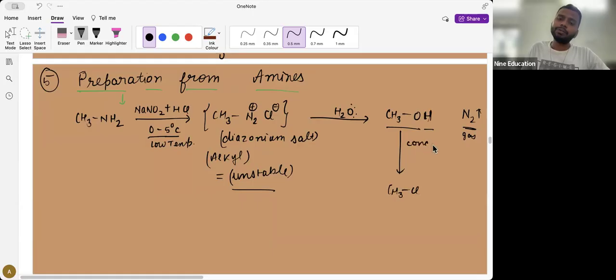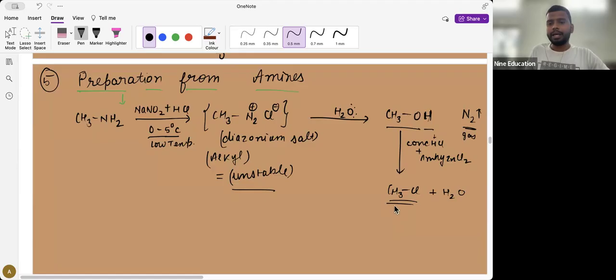Let's say I use concentrated HCl with anhydrous ZnCl2. The OH takes H+, a carbocation is made, and Cl- will come and attack to give CH3Cl. You need to remember this, it is very important. This is our main product.